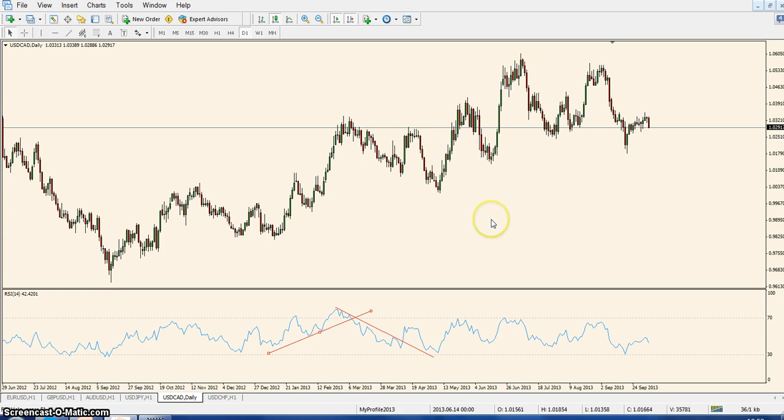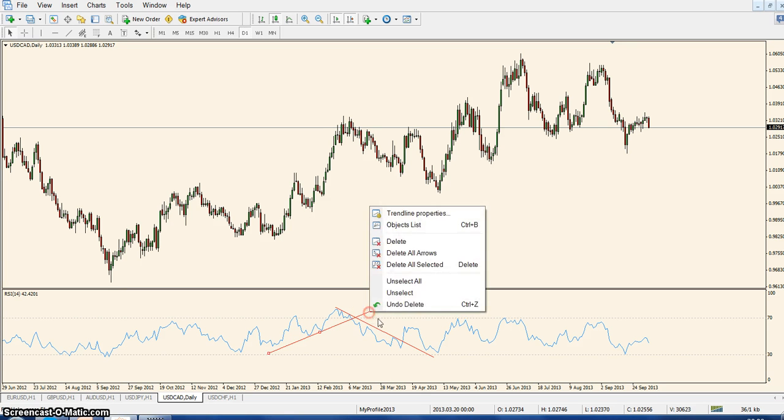Okay, so because this strategy is based around trend line breaks, it is first and foremost very important to find trend lines. Now if you see that RSI is actually not making trend lines, it is either flat or continuing in one direction, then that is the first signal that this strategy should not be put to use. Okay, so let me just get rid of these lines.